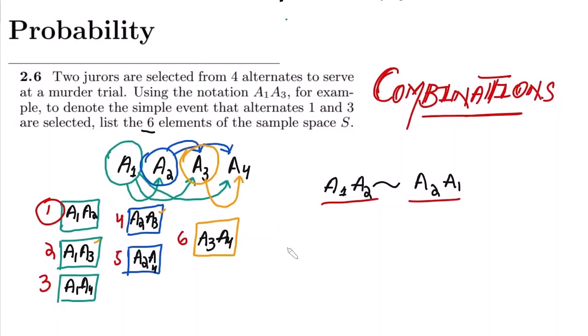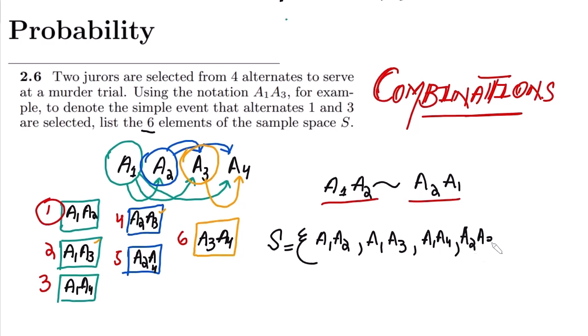So now in order to write the sample space here, what will I have here? I will have A1 A2. Okay, let me write them here, A1 A3, A1 A4, A2 A3, A2 A4, and now writing here the last one, that one is A3 A4.